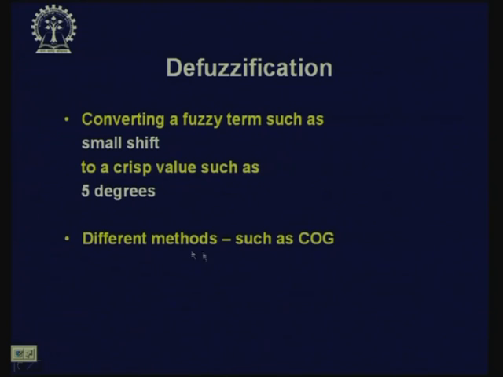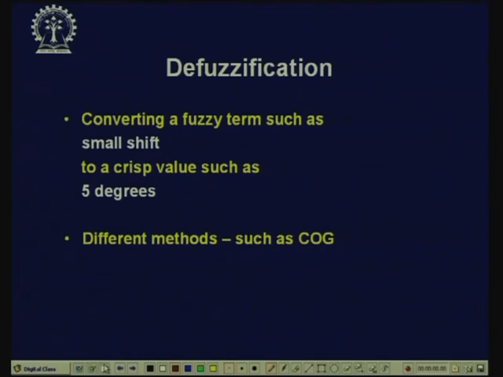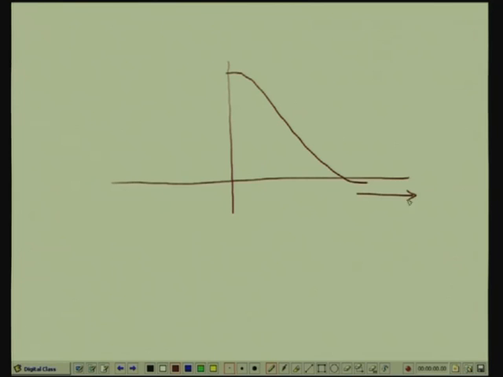Now, there are different methods of defuzzification such as center of gravity method. Here I show that. Say I have got some fuzzy set like this, any arbitrary fuzzy set, where this is the variable and here is the membership.